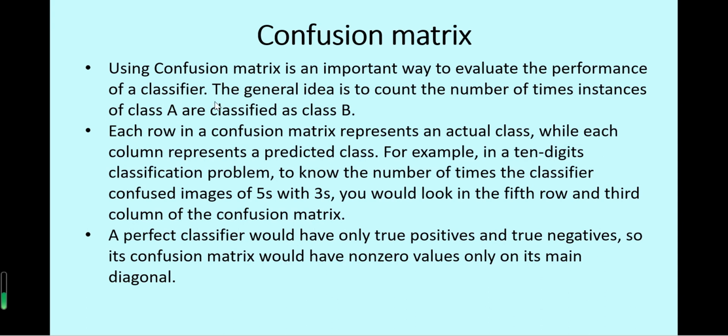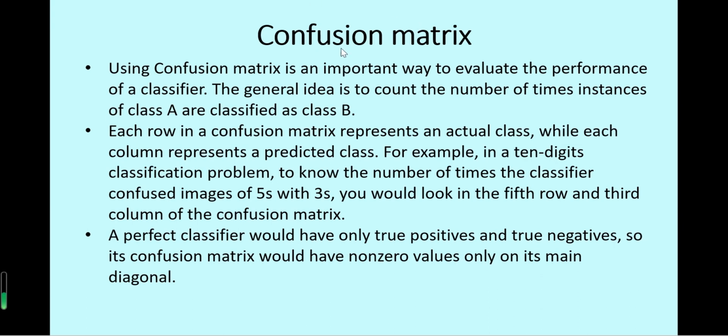The confusion matrix lists how many counts of the data have been classified correctly and how many counts of the data have not been classified correctly.